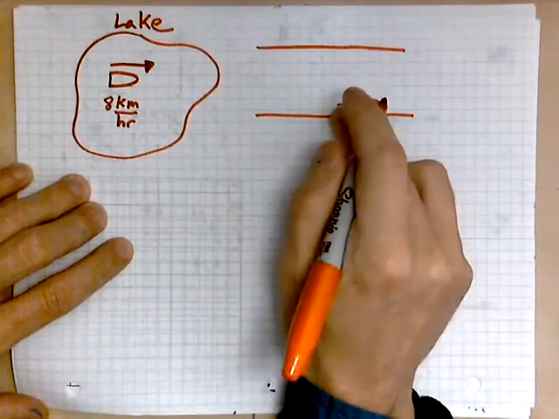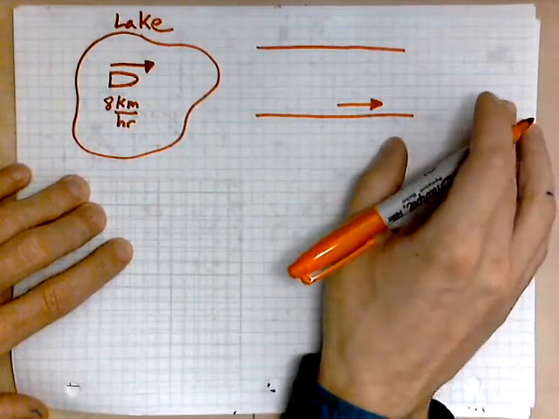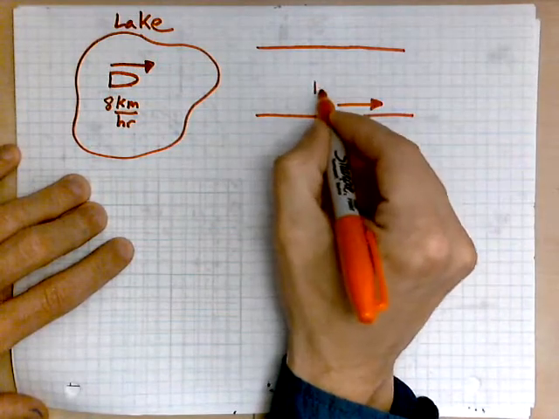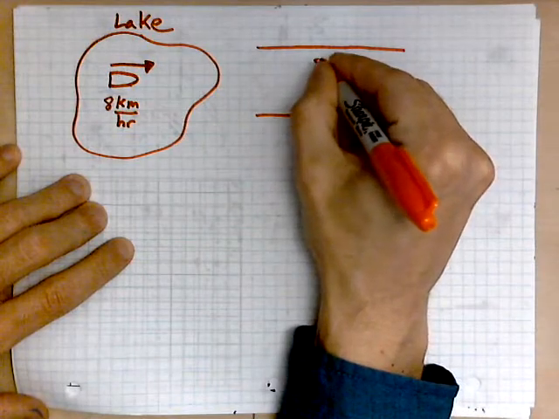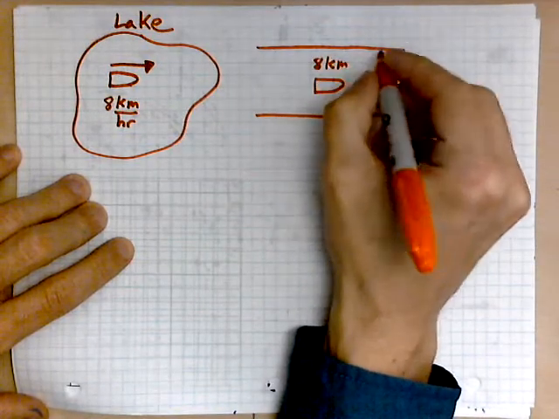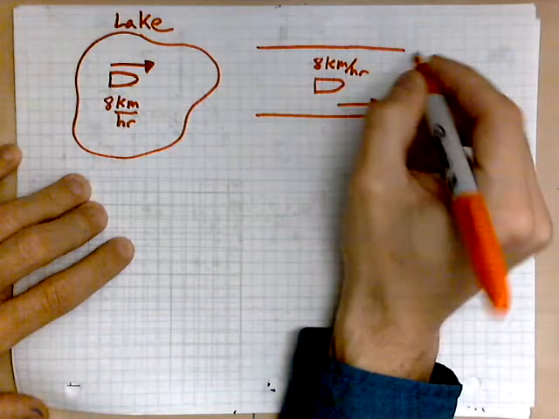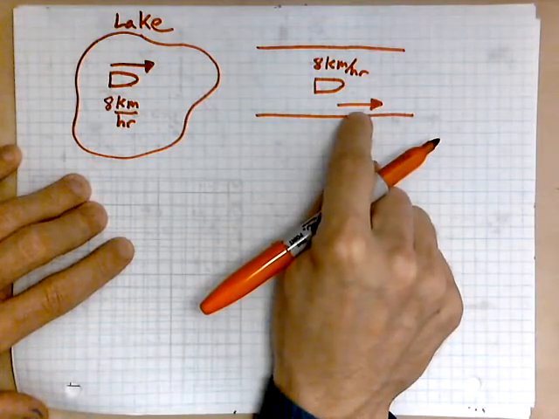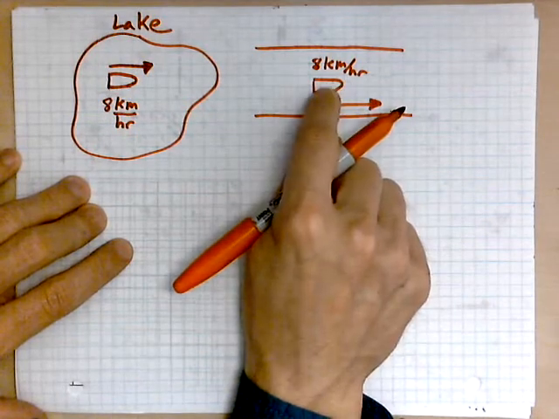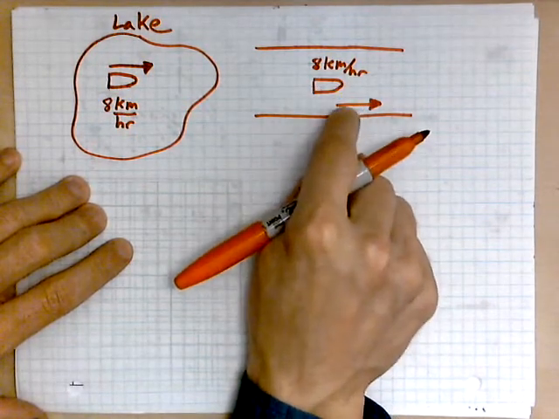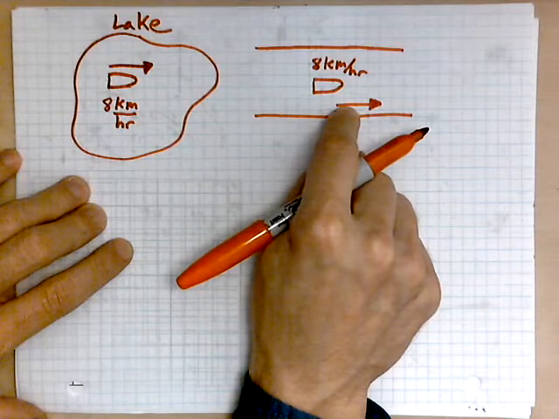Let's say this is the velocity of the river to the right. The boat can travel at a speed of 8 kilometers per hour relative to the water.